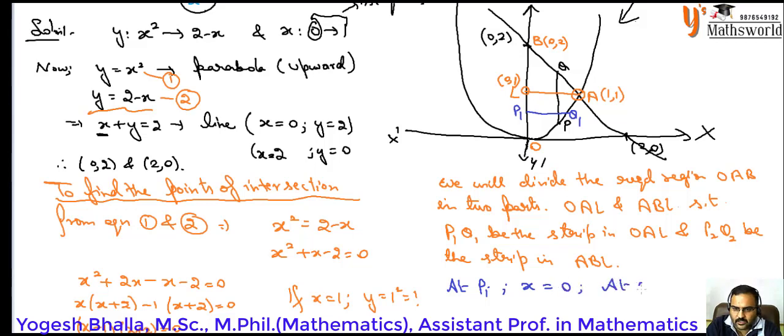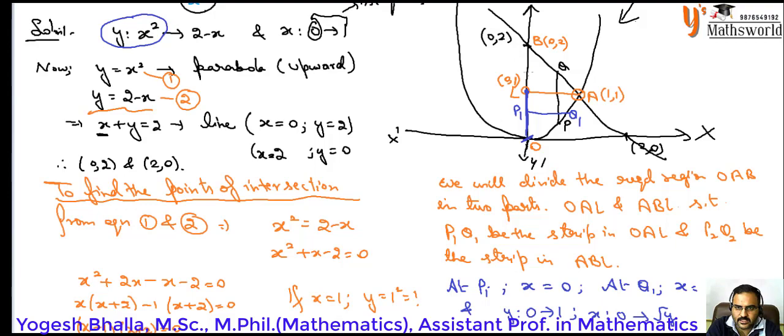At Q1, which lies on the parabola y = x square, the value of x will be root of y. And y varies from the origin to the point L, so y varies from 0 to 1 and x varies from 0 to root of y. That is the case for the first strip.